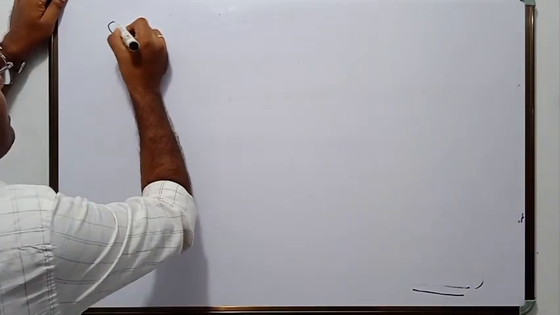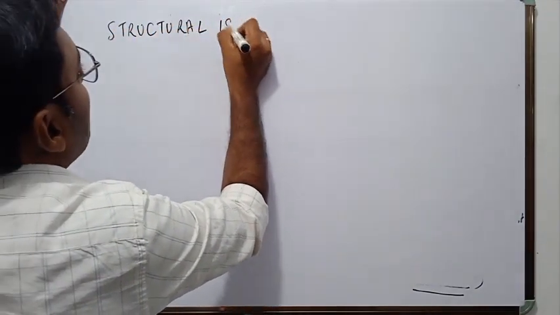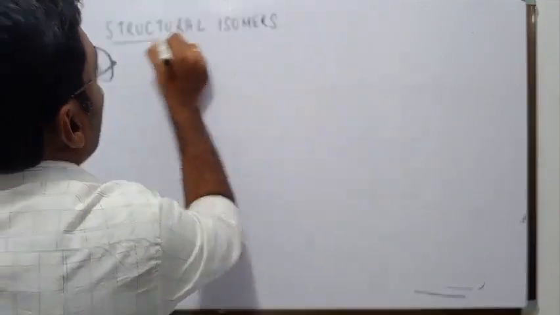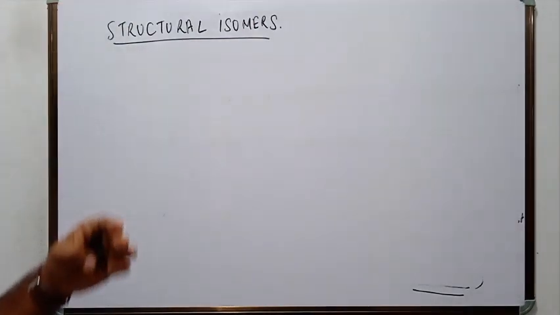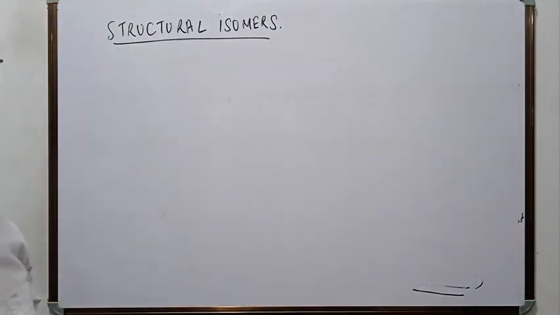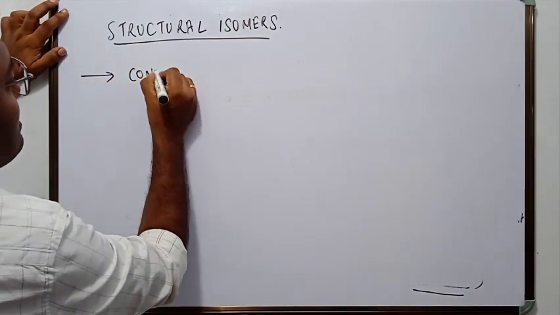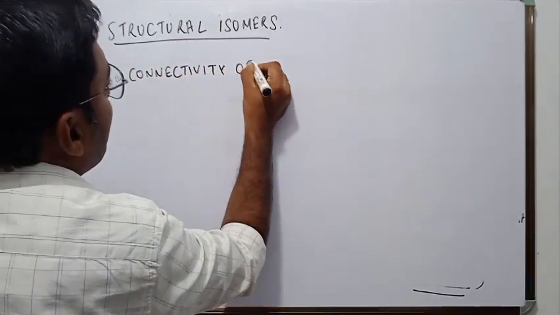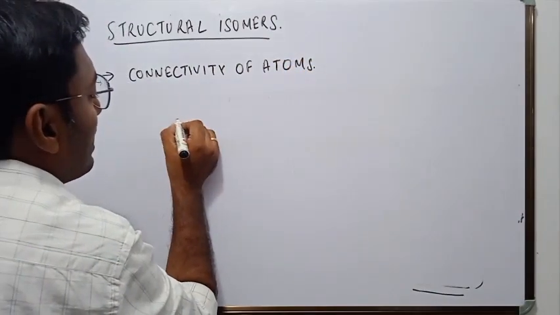As I have discussed earlier, they are those isomers that have different connectivity of atoms, a different arrangement of atoms within the molecule. The connectivity of atoms is different, or the way the atoms are arranged in the molecules.